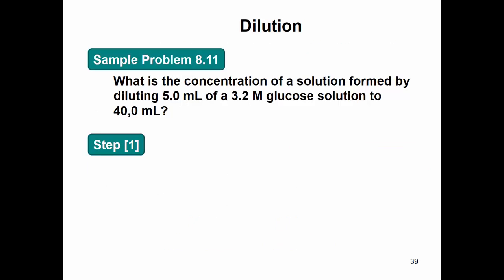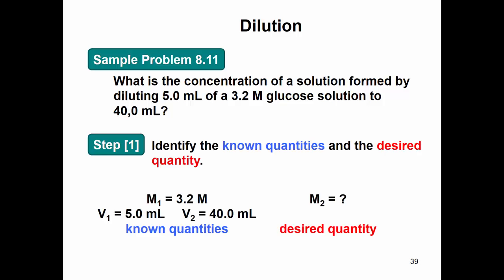Okay, so we want to know the concentration of a solution formed by diluting, so key word here is dilute, 5 mL of a 3.2 molar glucose solution to 40 milliliters. Let's clarify this real quick. All right, so let's identify.